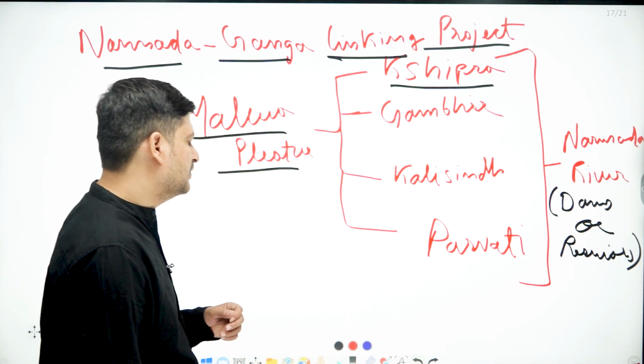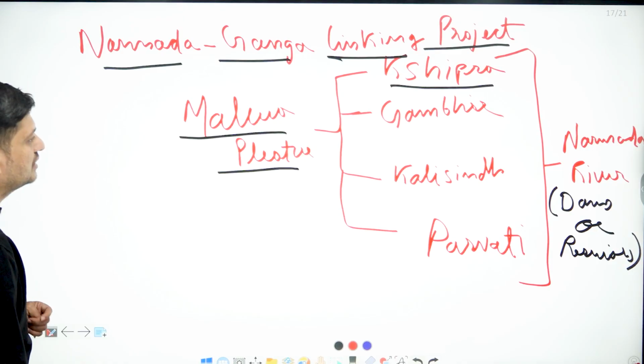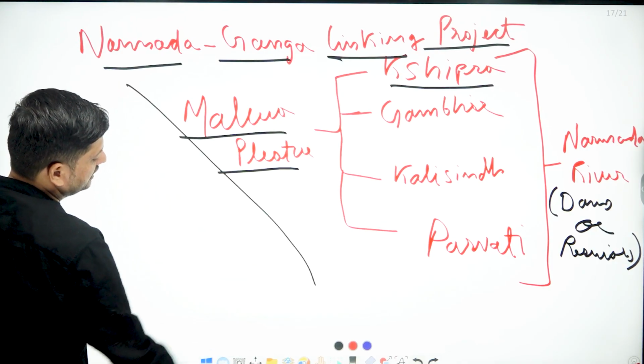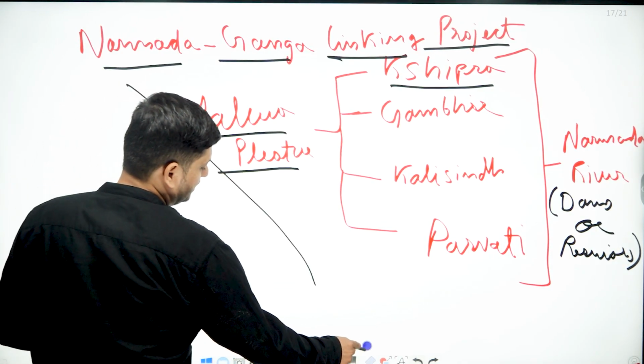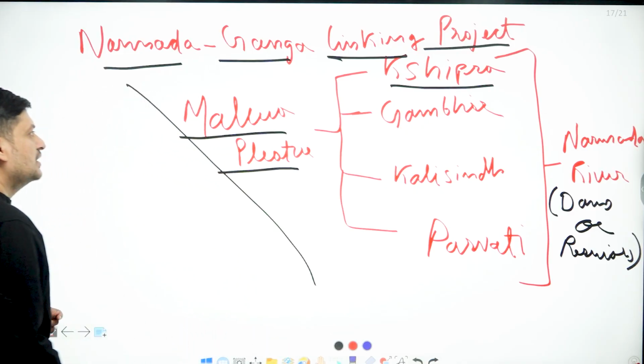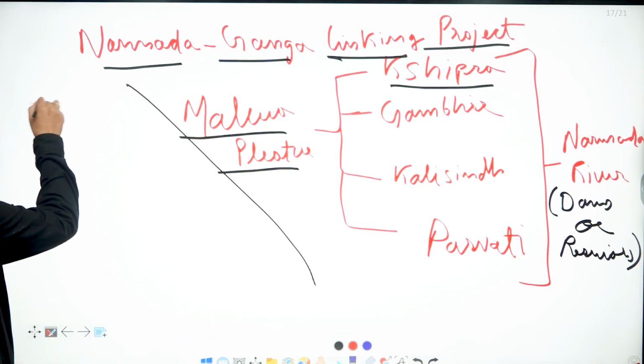If we move further, apart from this river linking project of Malwa Plateau, there is another river linking project in the region of Bundelkhand.